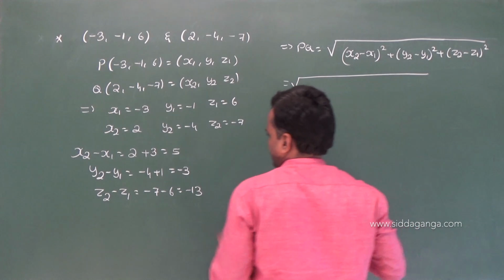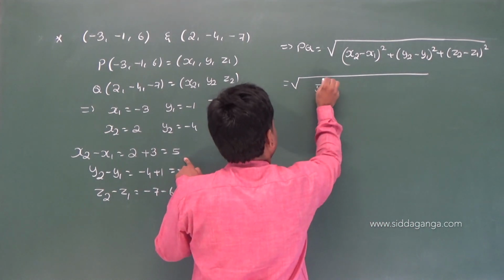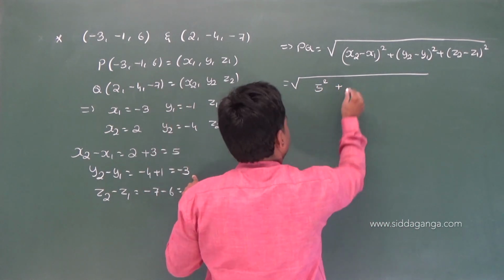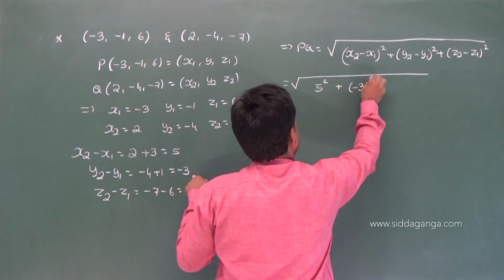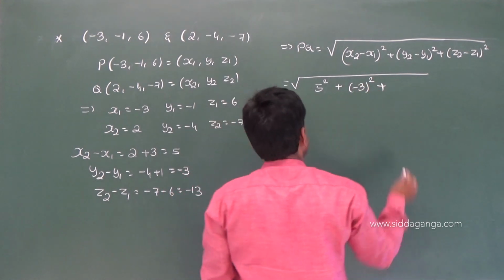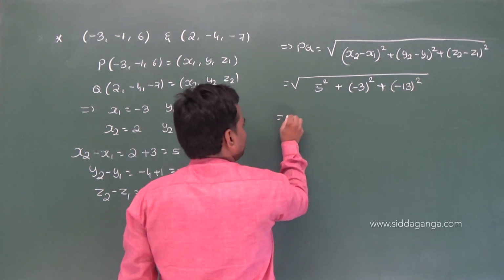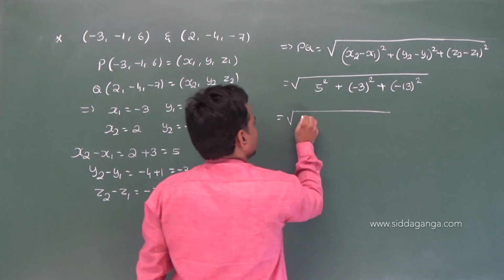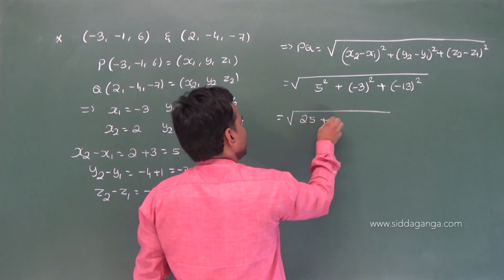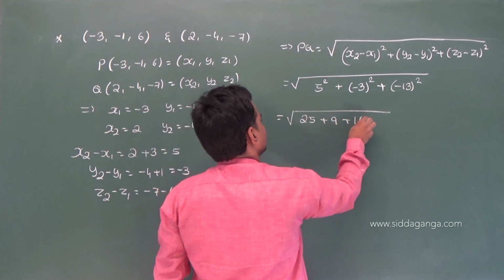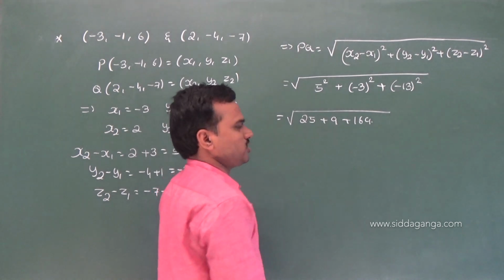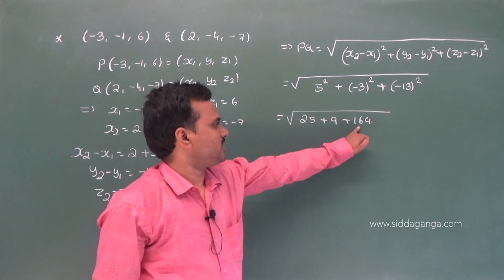Square root of 5 square plus minus 3 whole square plus minus 13 whole square. Calculate. 5 square is 25, 9, 169.